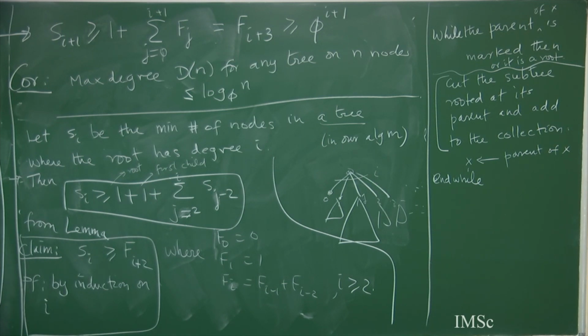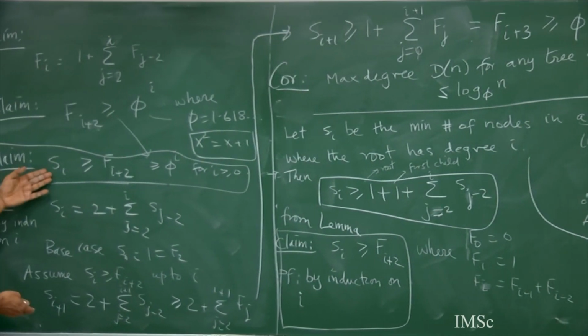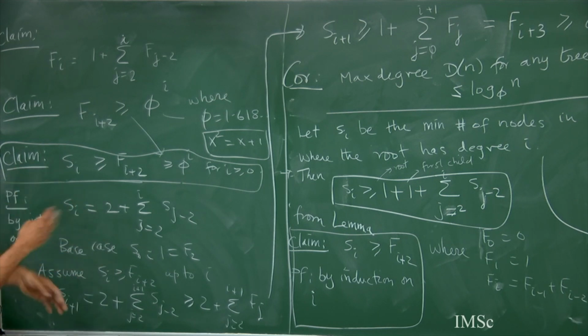Why? Because suppose you have a tree with degree i, then with this claim, the number of nodes is at least so much. But the number of nodes is actually n, so n is at least this. And so now you take log n to the base phi, you will get the degree is at most this much.